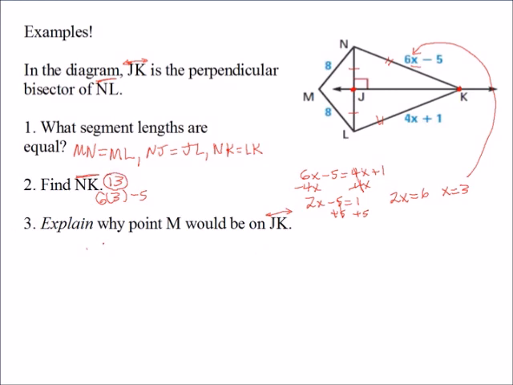And finally, number 3, explain why point M would be on JK. Well, first and foremost, we know JK is the perpendicular bisector.